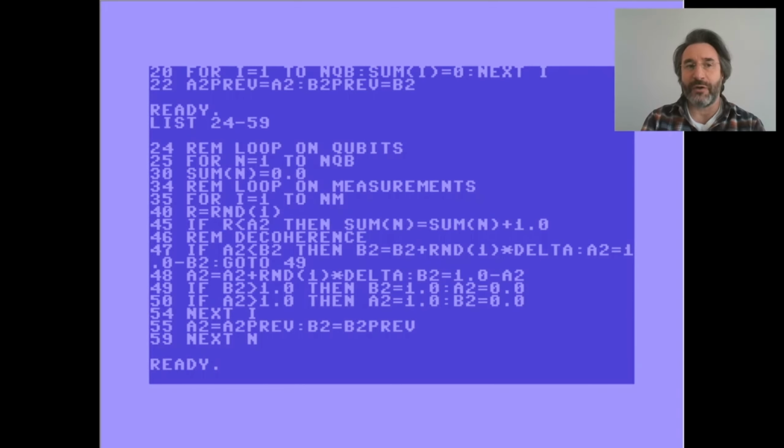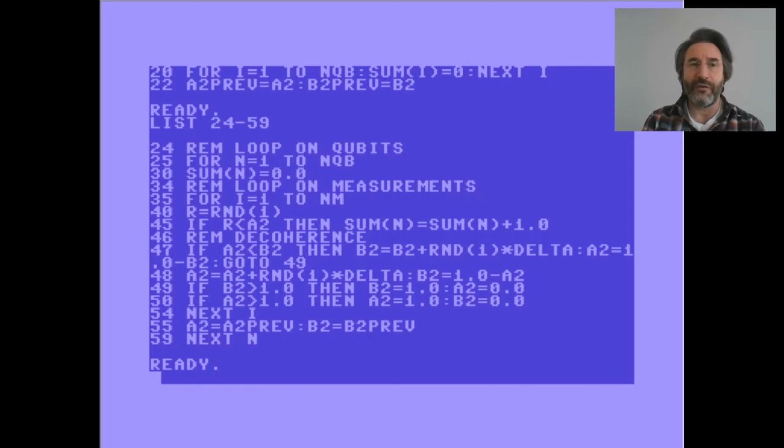If you have more than one qubit, the emulation of measurements and decoherence will happen on every single qubit that we simulate here. Also, this is a way for us to simulate logical qubits. So if NQB is equal to 3, this corresponds to 3 single qubits that perform as a single logical bit, and if NQB is equal to 5, then it means that your logical qubit is made of 5 single qubits.